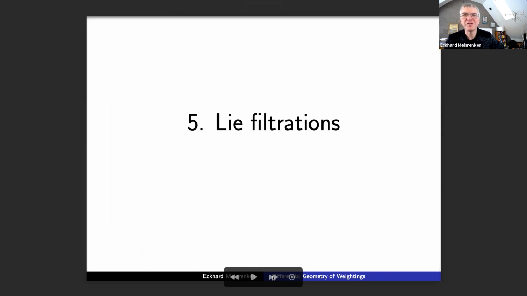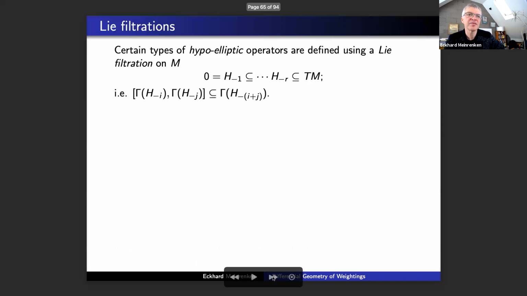Okay, let's get to the Lie filtration, which is probably more towards the direction of the seminar. As you have heard when you attended Jacobus's talk in December, some types of hypoelliptic operators use this notion of Lie filtration on a tangent bundle.